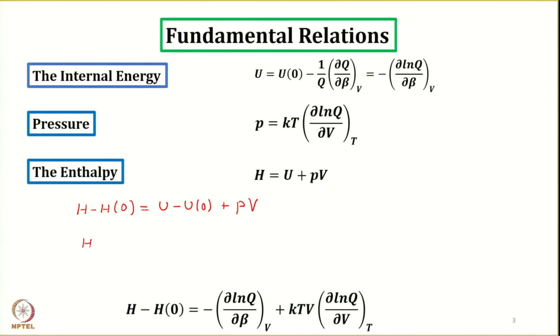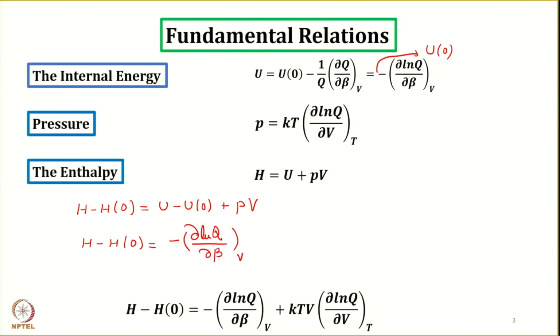So, H minus H0 is equal to U minus U0 plus PV. U minus U0 we already know: it is equal to minus del log Q by del beta at constant volume.